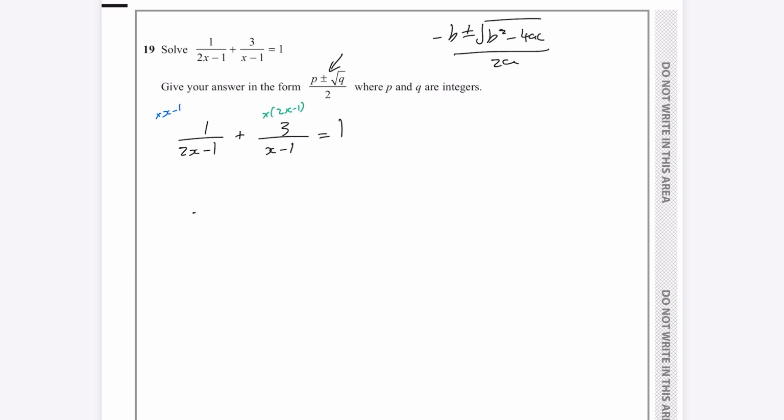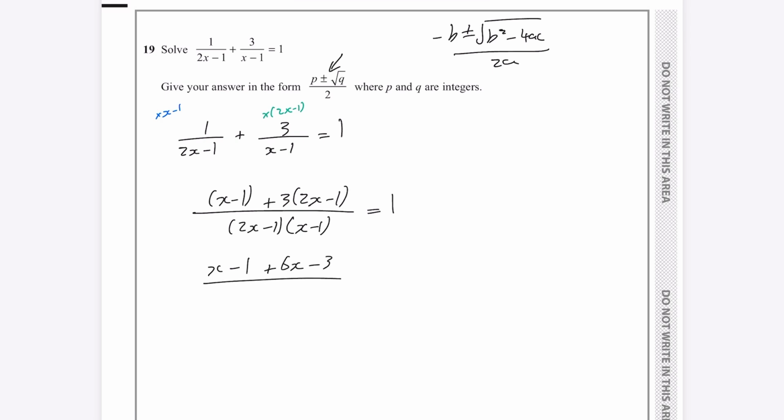And what that then means is I've got a common denominator of 2x minus 1, x minus 1. And at the top I have x minus 1 plus 3 bracket 2x minus 1 is equal to 1. If I expand that out, that would be x minus 1 plus 6x minus 3 all over 2x minus 1, x minus 1 is equal to 1.